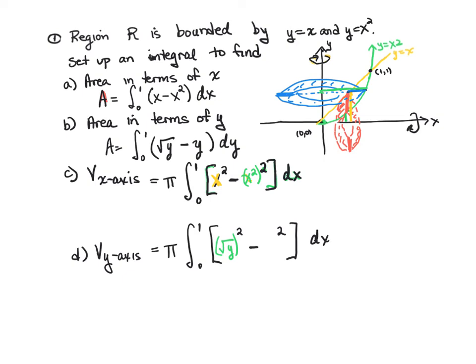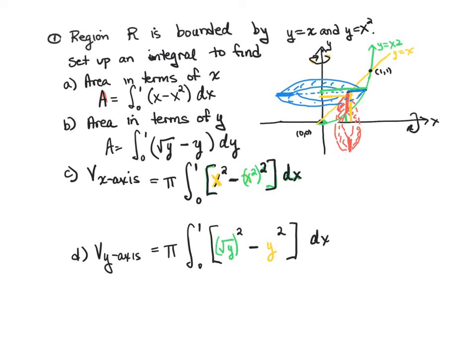And then the inner radius is the distance from the line to the axis of revolution, and that is just the line, y equals x. So x equals y, so we square y.